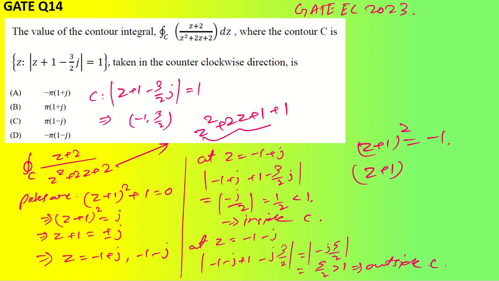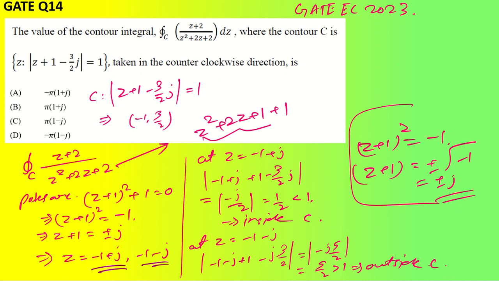If you take the square root, z plus 1 is equal to plus minus square root of minus 1, that is plus minus j. So z plus 1 is equal to plus minus j, so z is going to be minus 1 plus j and minus 1 minus j. So these are the two poles that we have. Pole number 1, pole number 2.